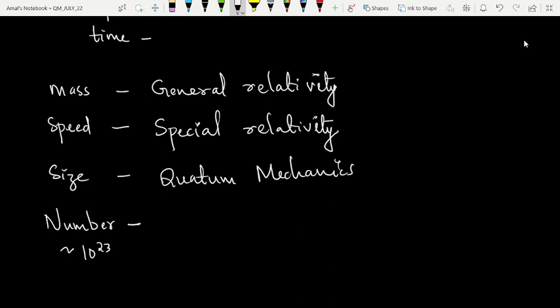So we need to solve 10 to the power 23 equations of motion to predict the behavior of the whole gas inside a room. But that is an impossible task. So we need some other approach. So that is statistical mechanics.